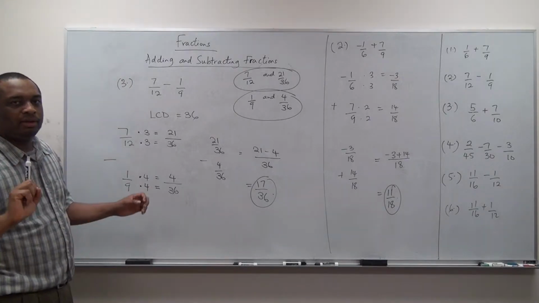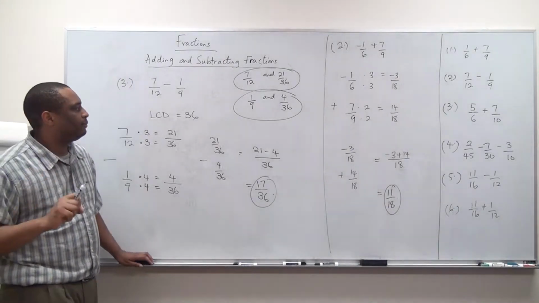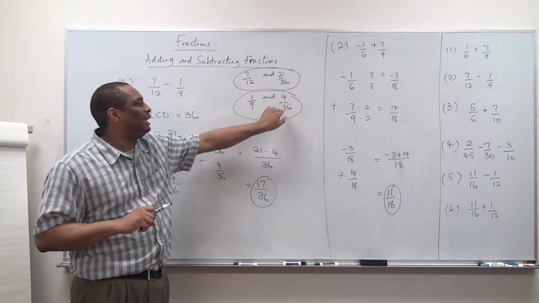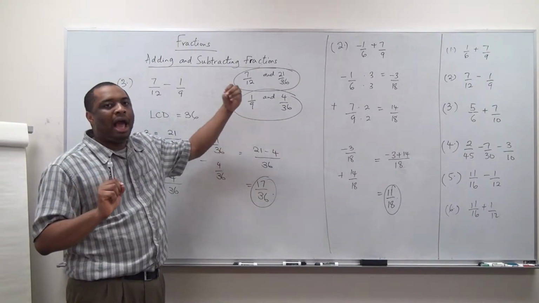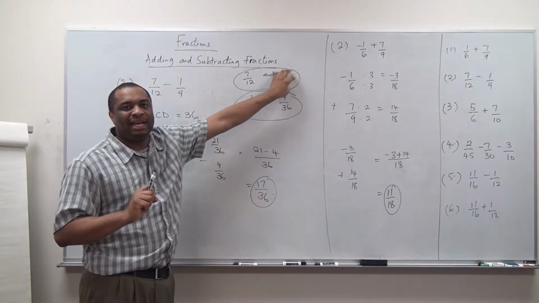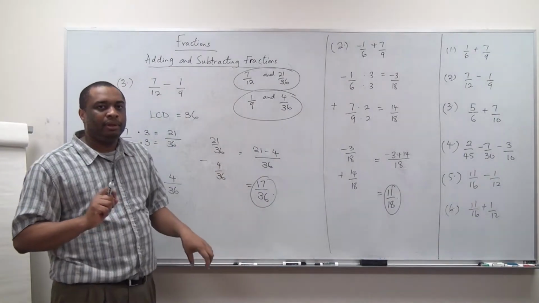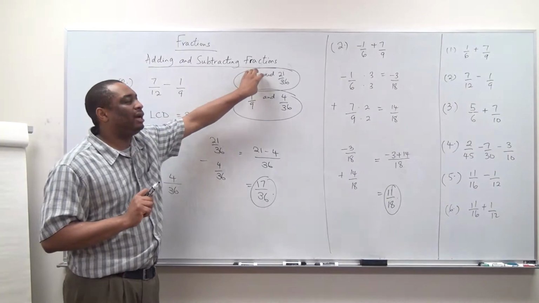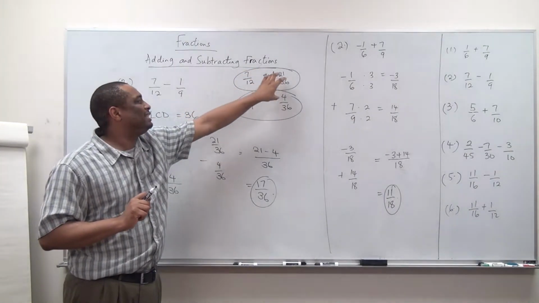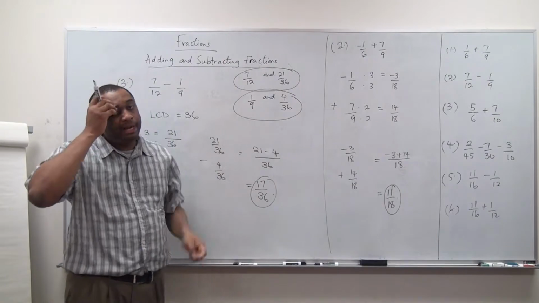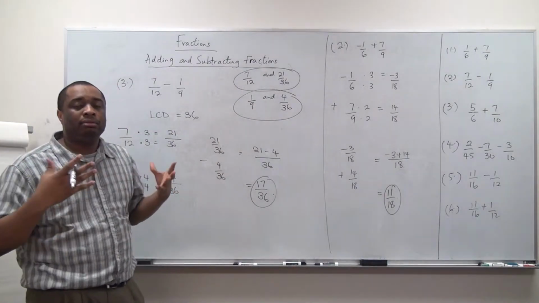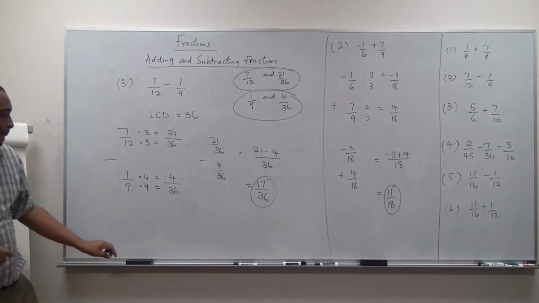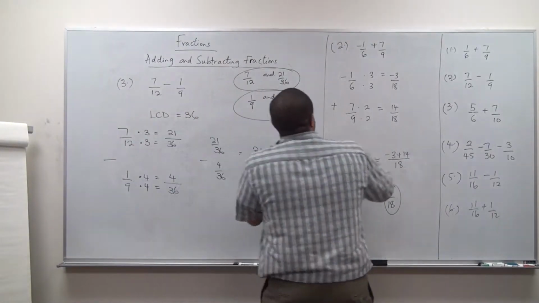So in essence, what we are trying to do is make sure that they have a common denominator by finding the equivalent fraction that gives us the common denominator. We find an equivalent fraction that gives us the common denominator of both fractions. And then we can now work on their numerators, either by adding them or subtracting them. I hope you do understand this.